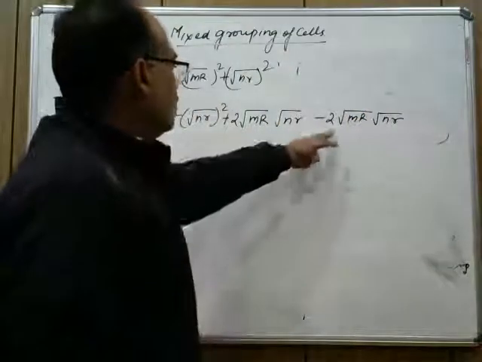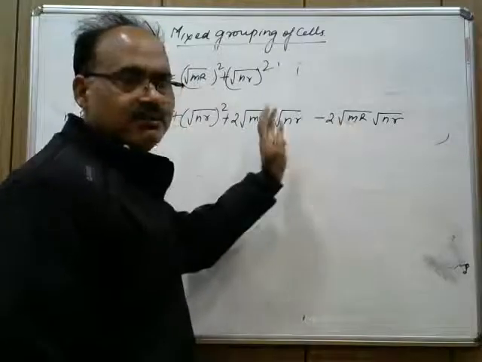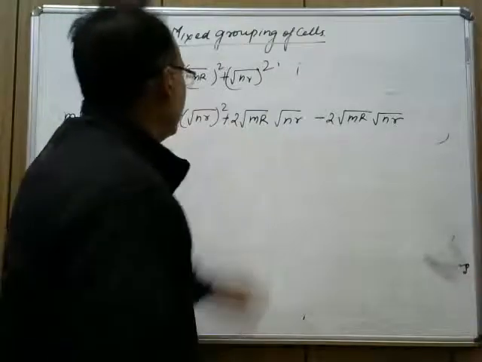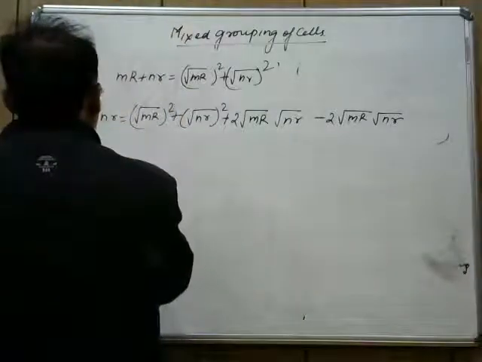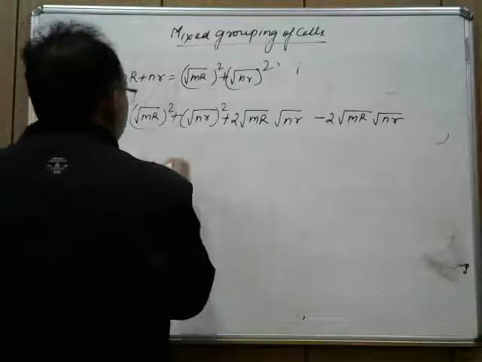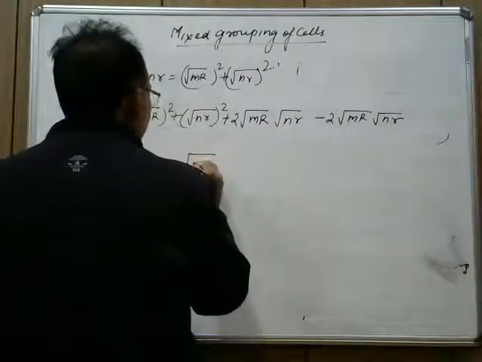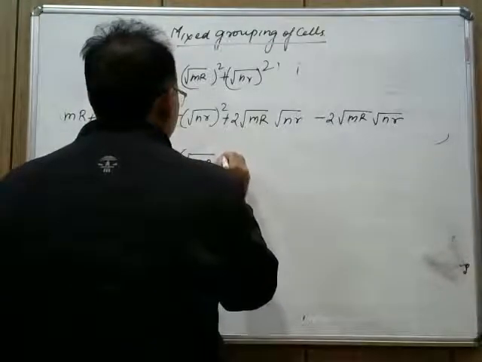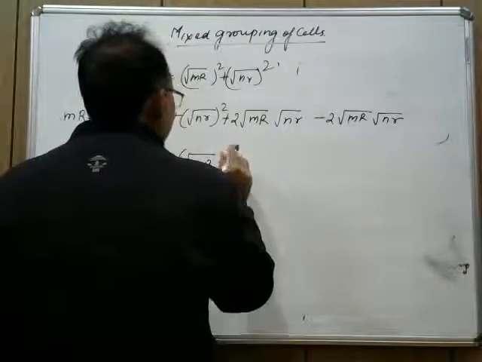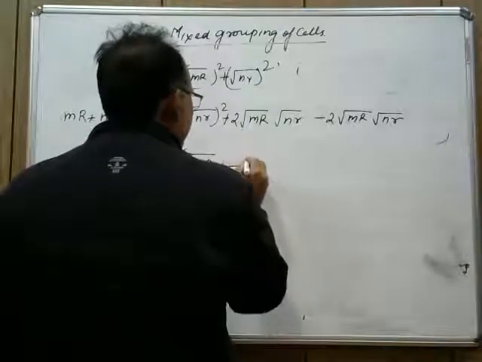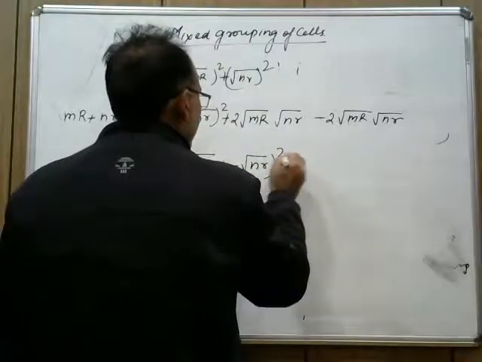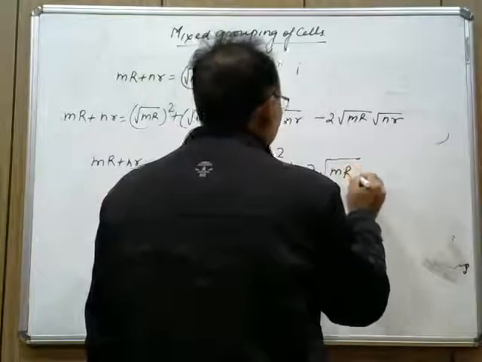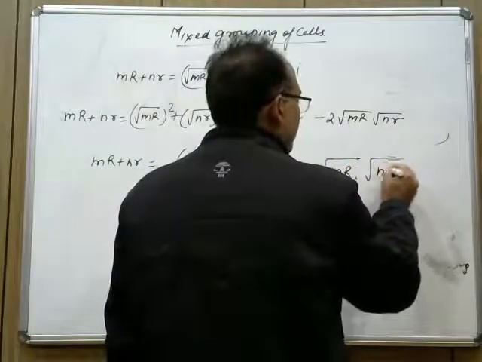So we can write this. ये दोनों क्या होगा, एडिशन किया हमने, सब्ट्रैक्शन किया, तो मीन्स वी हैव मेड नो चेंज. अब देखिए ये क्या लिखा जा सकता है. This expression can be written as mR plus nr is equal to under root mR minus root nr whole square plus twice under root mR root nr.